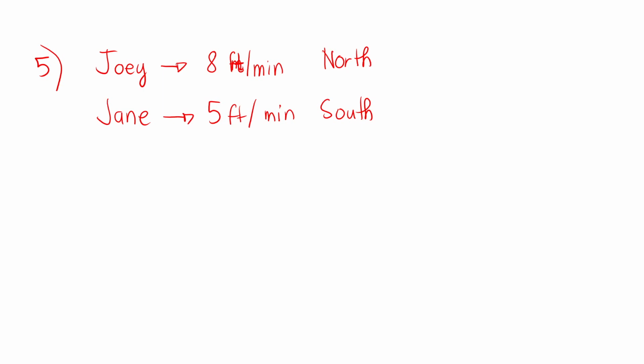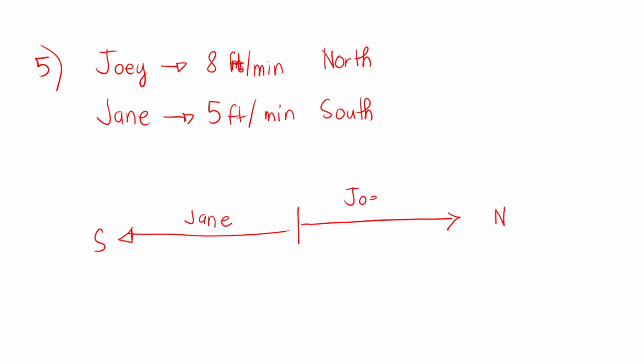Okay? So if I draw this, this is heading north, and this is heading south. Jane is heading south. Joey is heading north.